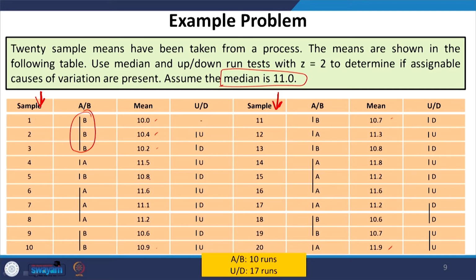Then 11.5 is more than 11, so it is A, above. 10.8 is less than 11, it is below, that is B. 11.6, 11.1, 11.2, all these are above the median, A. Then similarly these are below, this is also below. 11.3 is more than that, it is above. 10.8 is less than 11, and 11.8, 11.2, 11.6, all these are more than the median, A. Again it is more than the median, and then 10.6, 10.7 are less.